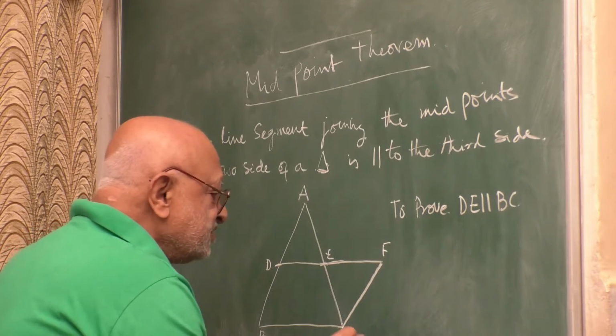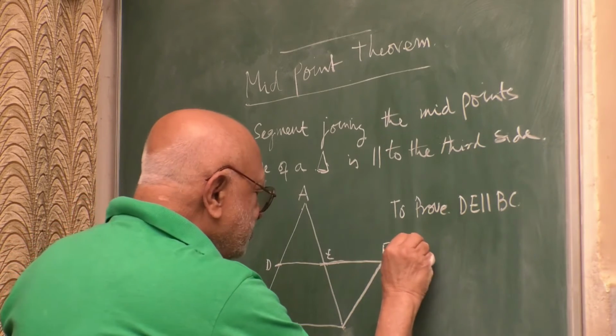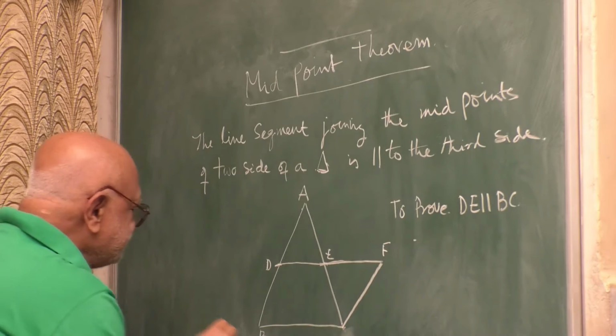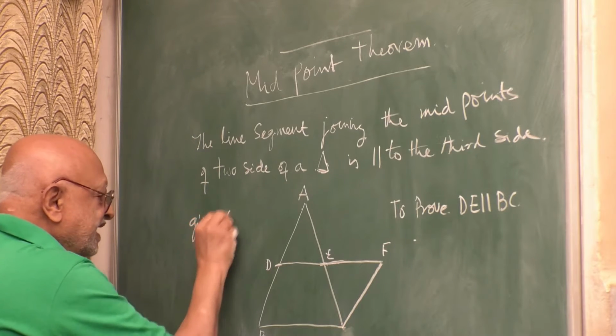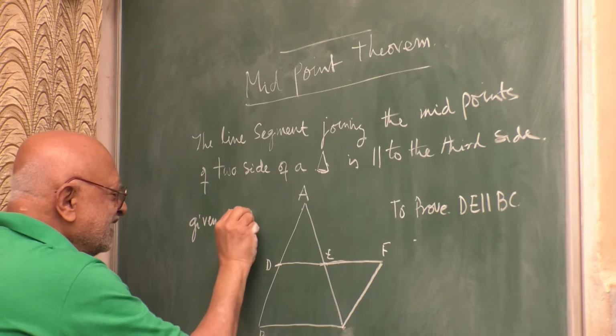So construction. What is given? Given ABC, a triangle.